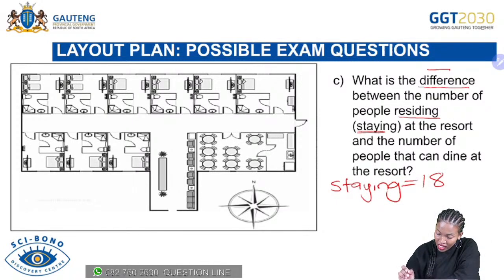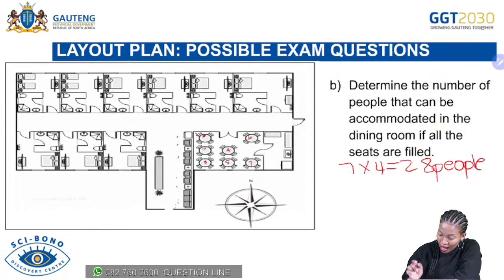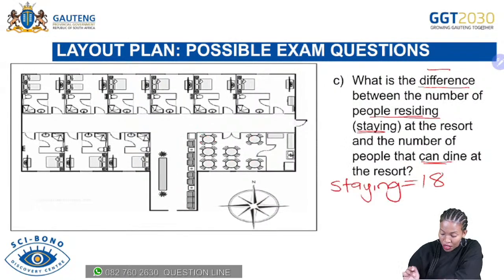And then they say the difference between the number of people that are staying at the resort and the number of people that can dine. We discovered that the number of people that can dine is actually 28 people. So we say dine is equal to 28.